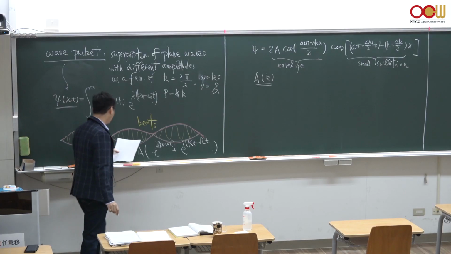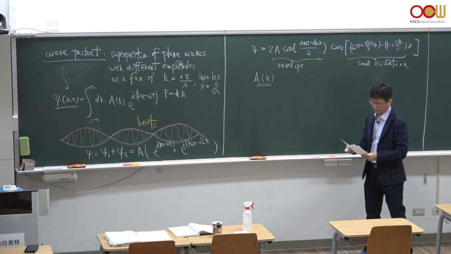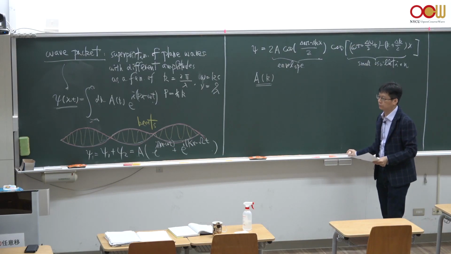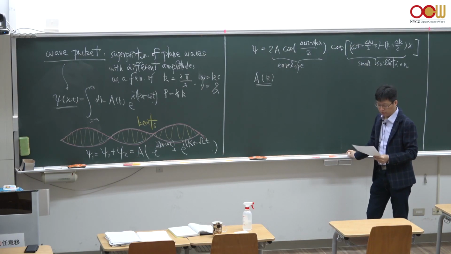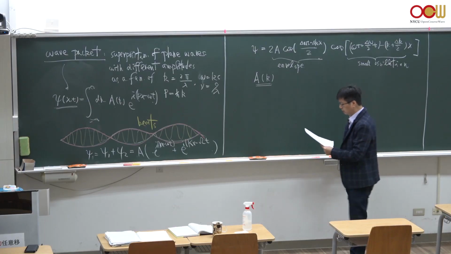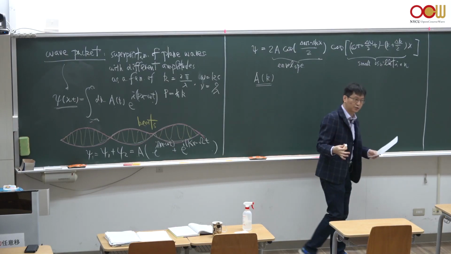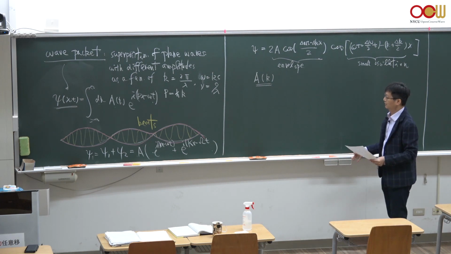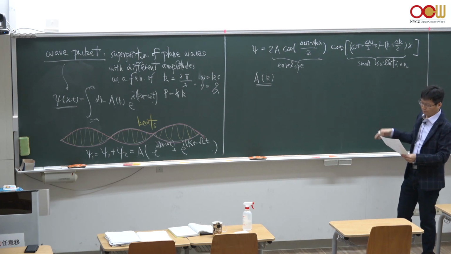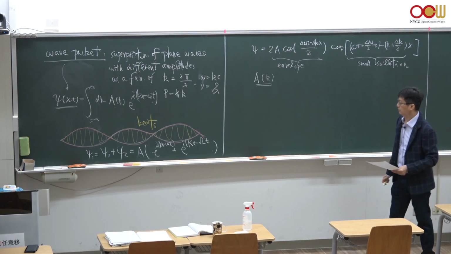So the wave packet is a more realistic description of a quantum particle, because many quantum particles are not just made of a single electron, but have this kind of wave packet structure. We could study the Heisenberg uncertainty relations by analyzing the width of the distribution of this wave packet in real space and also in k space.